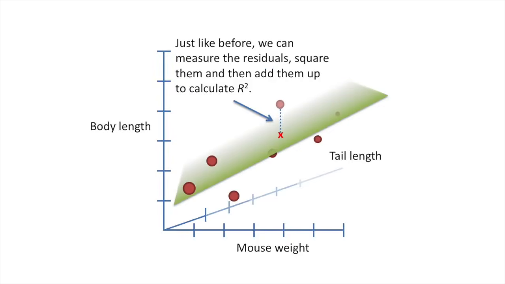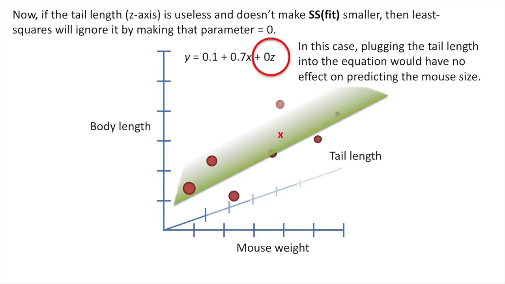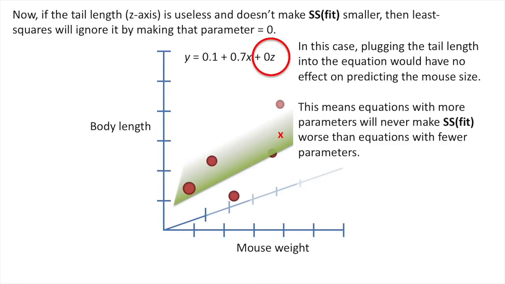Just like before, we can measure the residuals, square them, and then add them up to calculate r squared. Now, if the tail length, or the z-axis, is useless and doesn't make the sum of squares fit any smaller, then least squares will ignore it by making that parameter equal to 0. In this case, plugging the tail length into the equation would have no effect on predicting the mouse size.